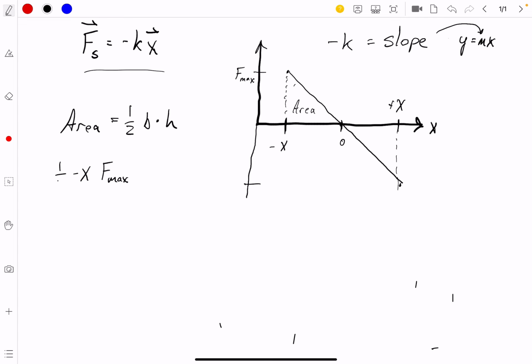And we've got to put our 1/2 here. We'll say our area is equal to that. And here we go. Lo and behold, I've got a minus x, and then the force max is minus kx. What? 1/2 kx squared.